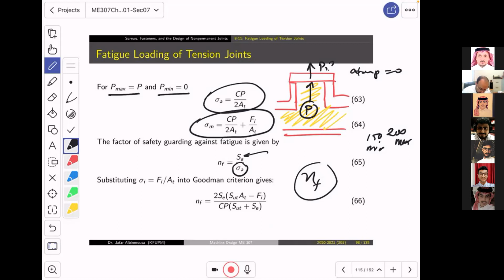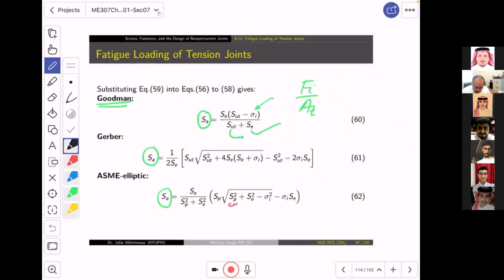So if, for example, you have a situation where P minimum is 0, you calculate this, and then you say, I want to use Goodman. Goodman says that the amplitude is, notice guys, the strength amplitude. Because it is strength, it is mostly related to properties like SUT and SE and SP.